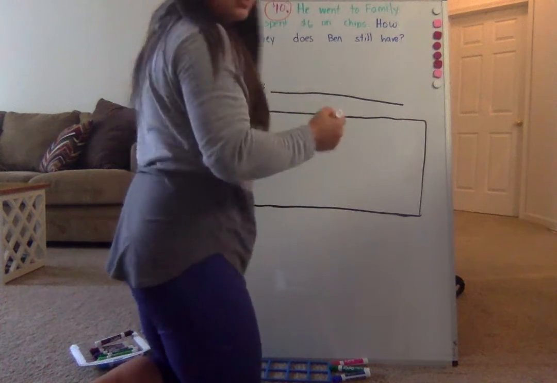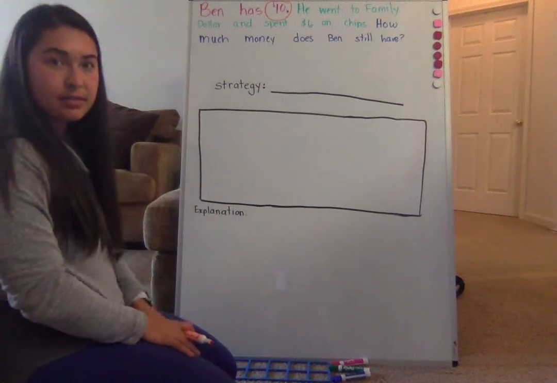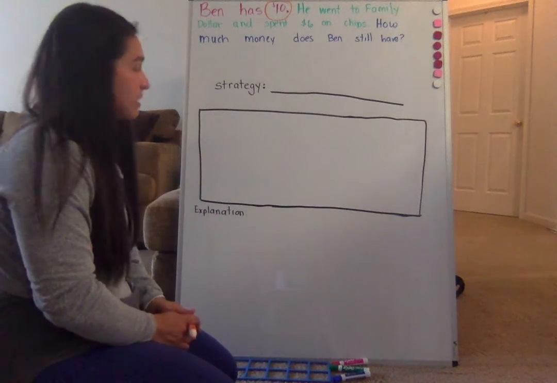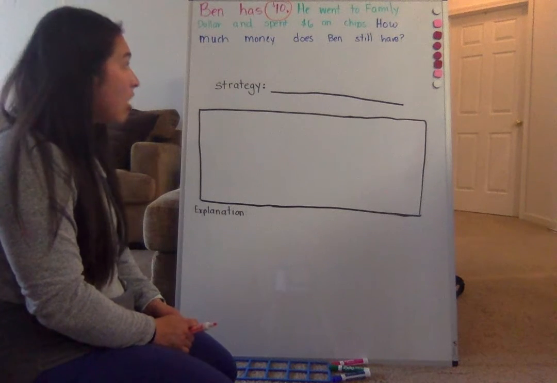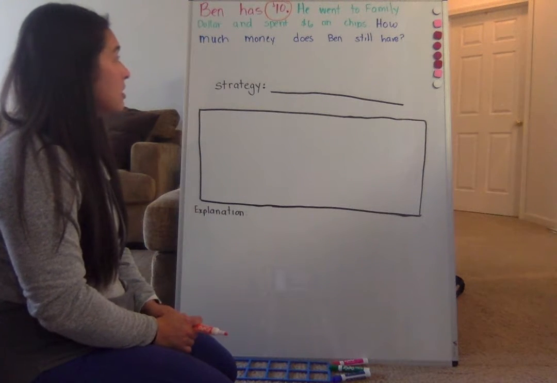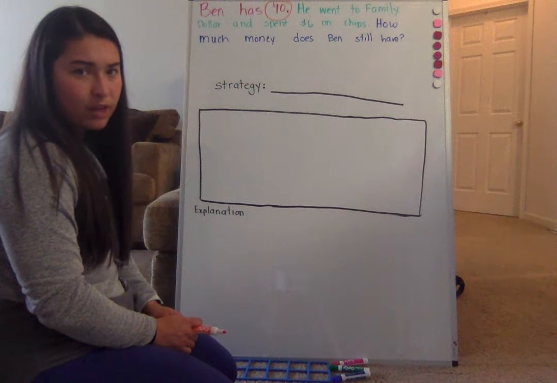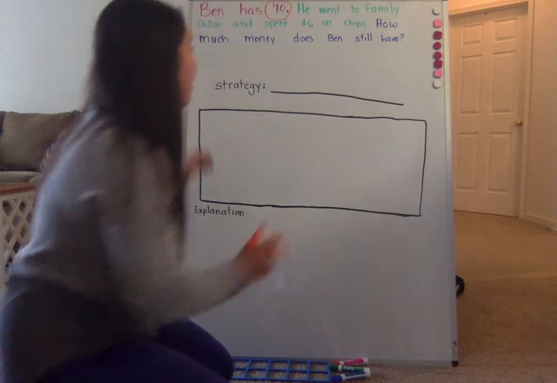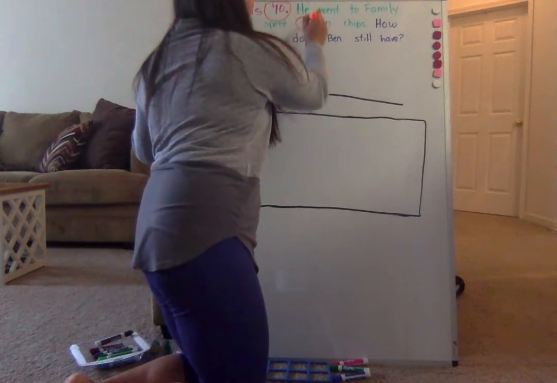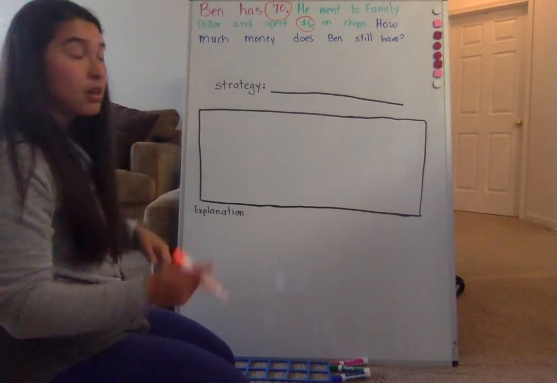So I'm going to go ahead and circle the $10 that Ben has. I'm going to go to the next sentence. He went to Family Dollar and spent $6 on chips. So, what important information do I need to know from that sentence? If you said $6, you're right. Yeah, Ben spent $6 on some chips.